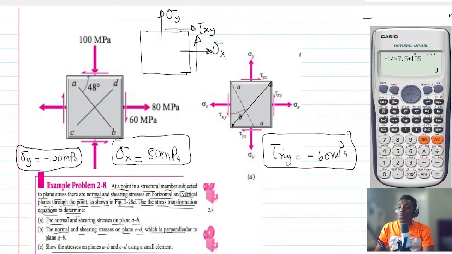So the x is positive, the y is negative, and the tau xy is also negative.